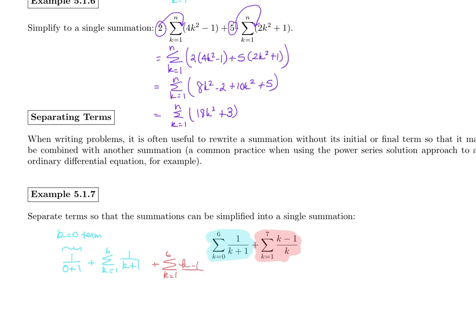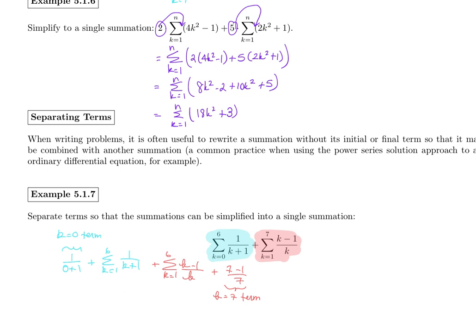So we're going to go ahead and write it at 6, and then we're going to add to it the k equals 7 term, which would be 7 minus 1 over 7, where this is our k equals 7 term. So essentially we pulled a first term out of the first summation and a last term out of the last summation, but now we have these two summations that have the same lower limit and the same upper limit, so we can put these together.